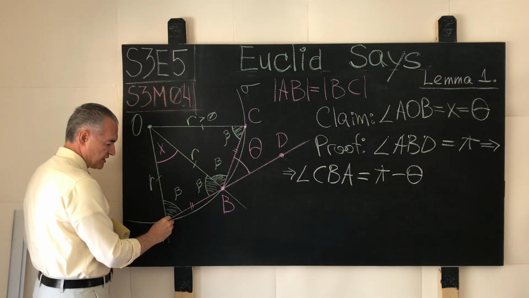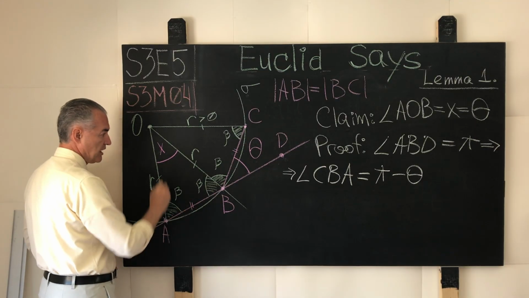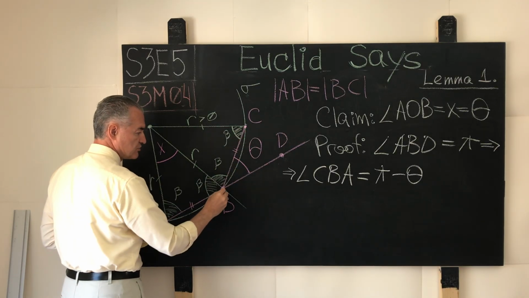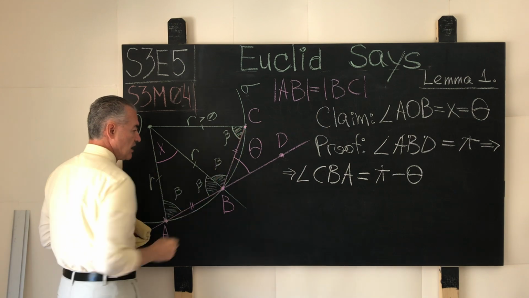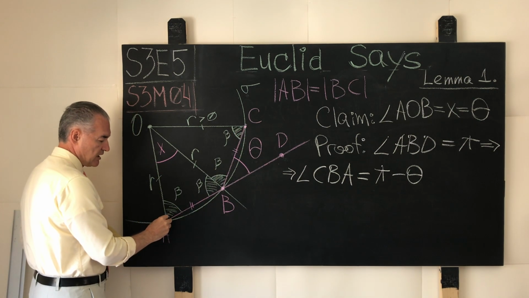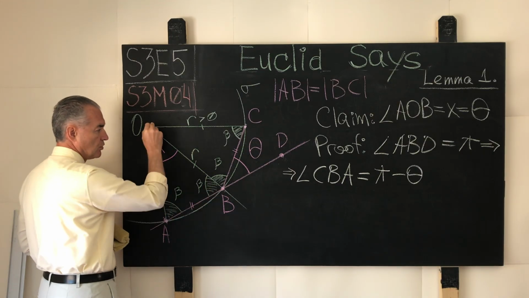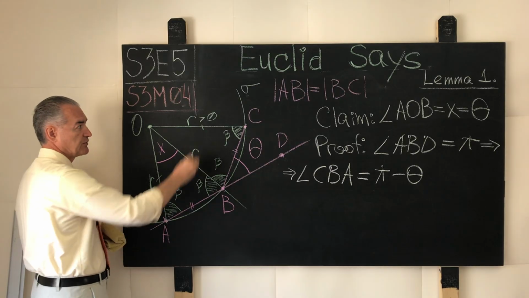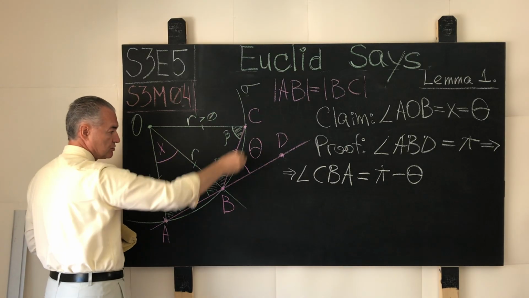The length of the side AB of the triangle AOB is equal to the length of the side BC of the triangle BOC. And all the following lengths of the sides AO, BO, and CO are equal across these two triangles because they represent the radius of the circle.